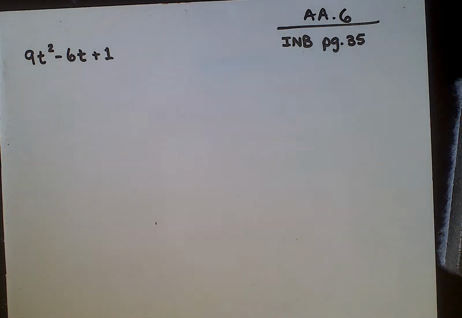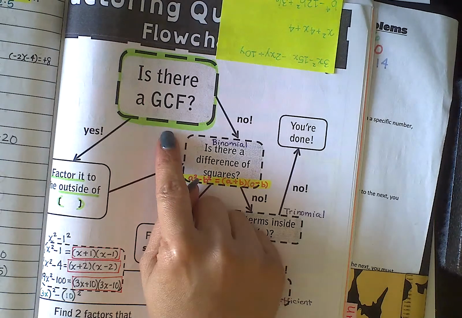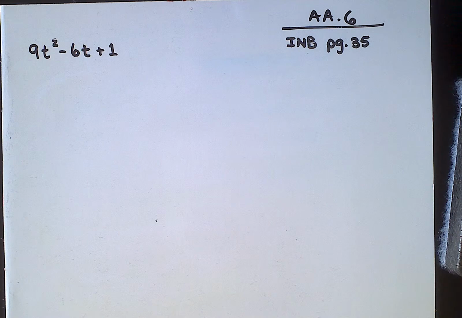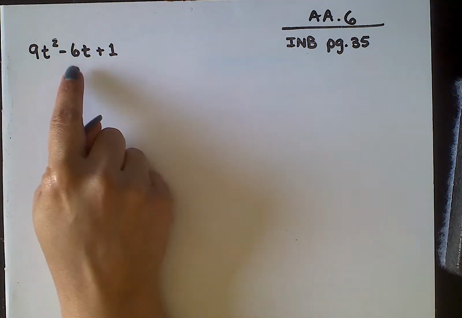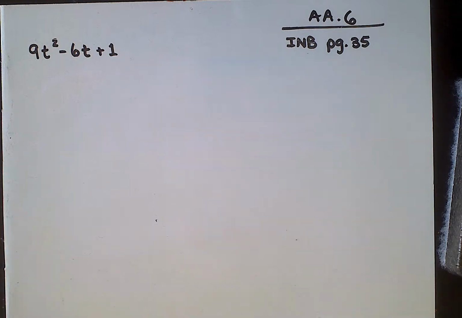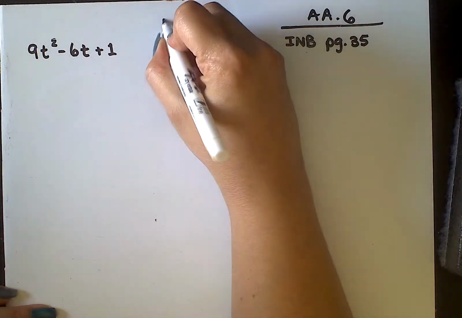But I have it in one of my old notebooks right here. So first, always ask yourself, is there a GCF? 9, 6, 1. I'd have to say no GCF. So I'm going to write that off to the side. This might look kind of familiar. This is what we had done in class. So no GCF.